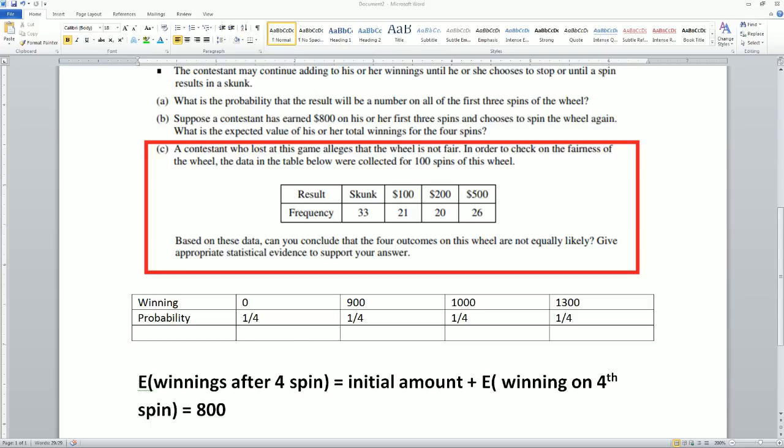I just care about the final answer. But on the test, you have to show all the parts, right? You're going to tell me this is my null, this is my alternative, blah blah blah. I did some math. This is what I'm expecting, the chi-square value, the degrees of freedom, the p-value, okay?